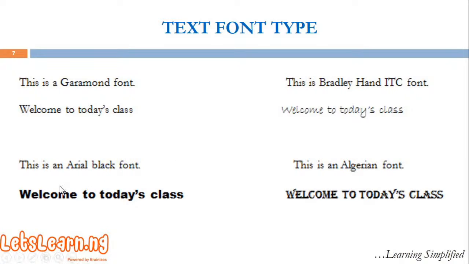This dark one at the bottom left is written in Arial Black font, while the other text at the bottom right is written in an Ordurian font. Now let's see how to change the font type of a text.